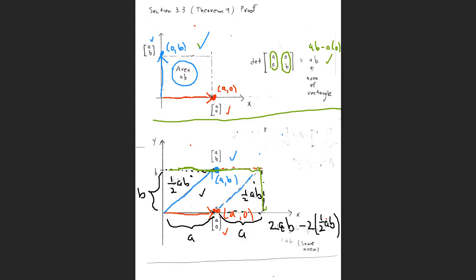And that gives us the area of the parallelogram, which equals A times B, because 2 times 1/2 A times B is AB.